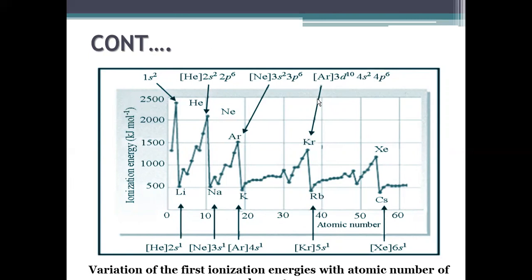Therefore, you have to provide the maximum amount of energy to remove an electron. So look here, the outermost shell has only one electron, which you can easily remove. That's why the alkali metal has the least ionization energy compared to your noble gas, right?